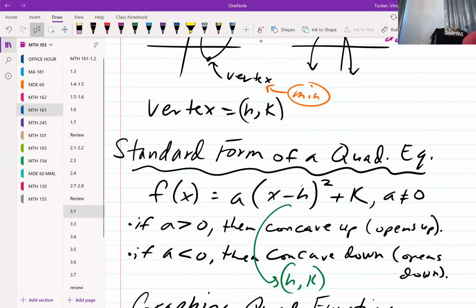And if a is greater than 0, then it's considered concave up. In other words, if a is positive, concave up, it opens upward. If a is negative, then concave down.